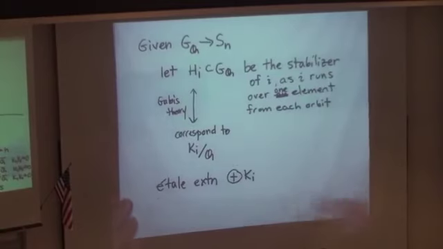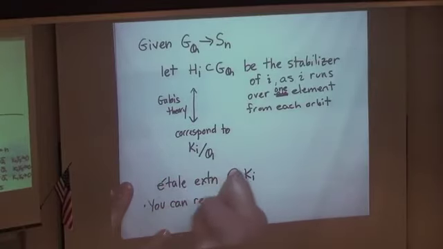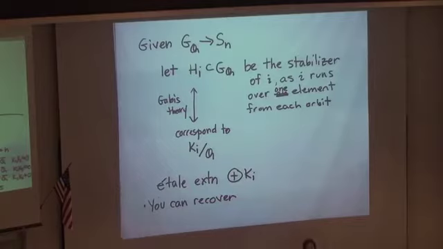So maybe I'll just make one more remark here, which is that you can, not so surprisingly, recover things. We're interested in things like counting actual field extensions by their discriminant, so we need to know what their discriminant is.